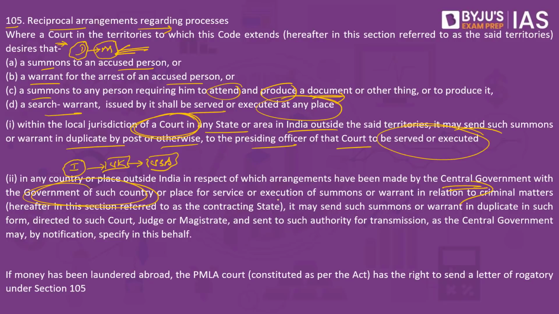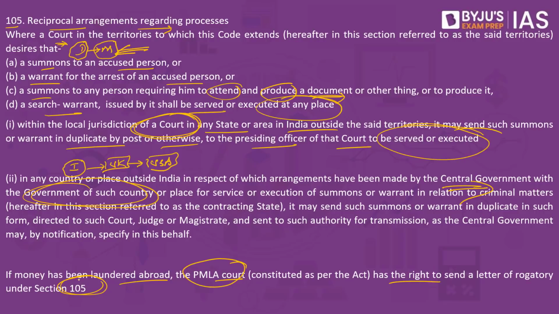There would be proceedings where the money has been laundered abroad. The PMLA court, or the special court under the PMLA Act, has the right to send a letter of rogatory under section 105. So what is this letter of rogatory? Basically these are letters sent from a court in one country to a court in another country for obtaining assistance.